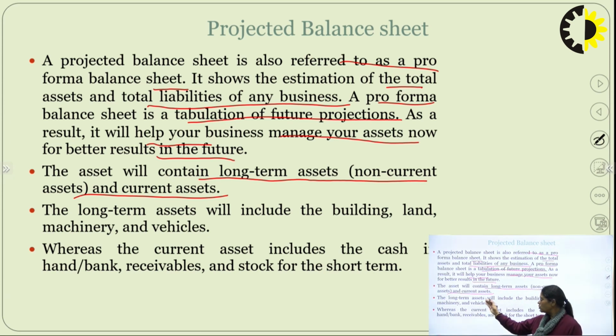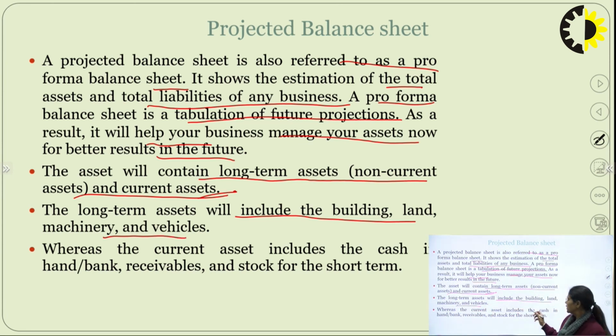If we are talking about the current asset, suppose we have some amount in our account, this is our current asset, and we can use it immediately. Long term assets include the building, land, machinery and vehicles. If we purchase a building, or have land, machinery, furniture, fixtures or vehicles, investing money into these things comes under long term investment.